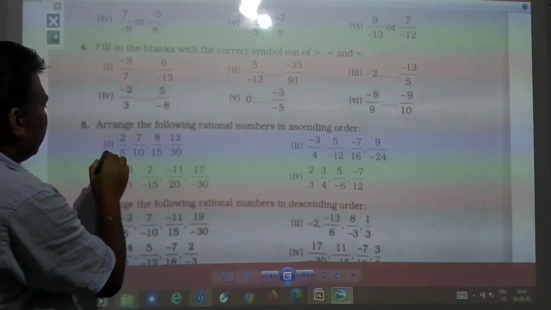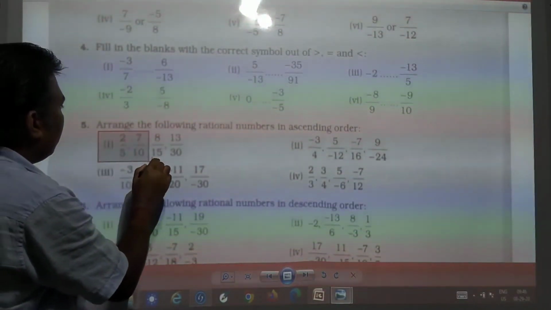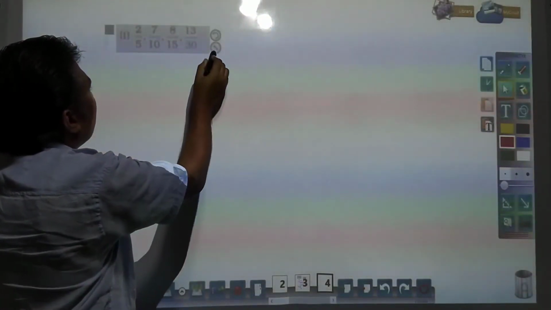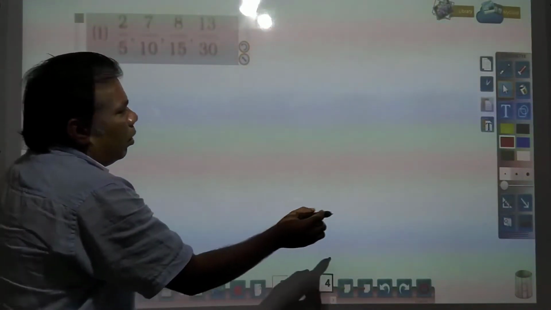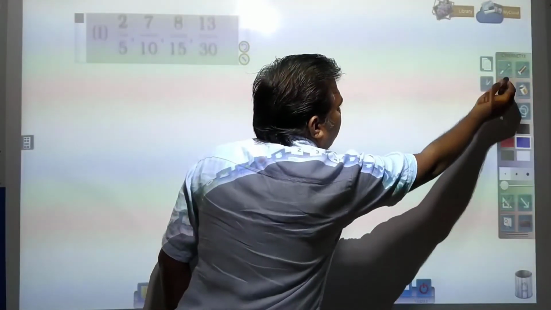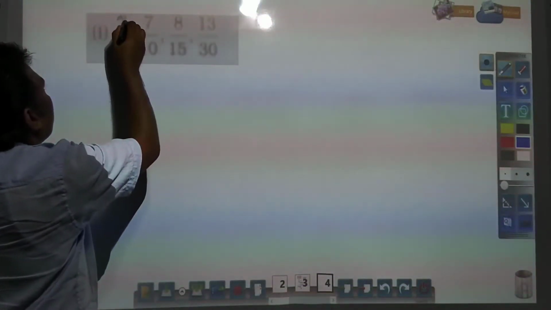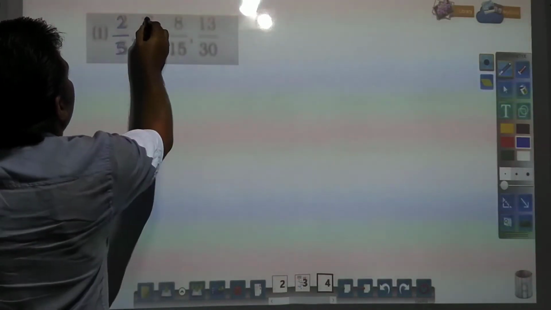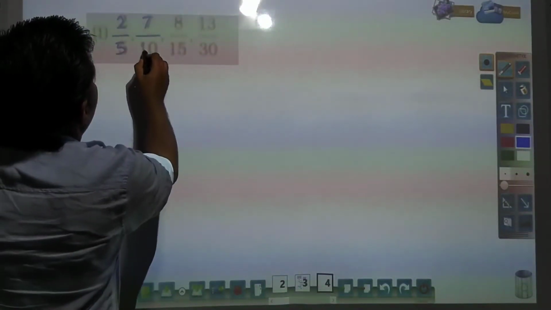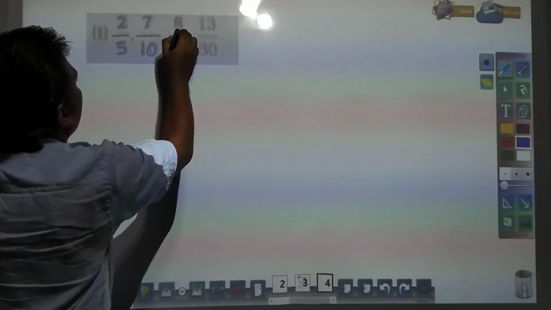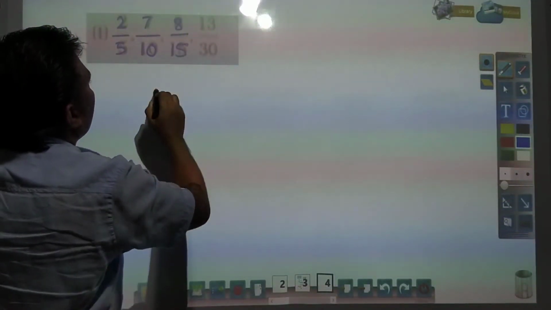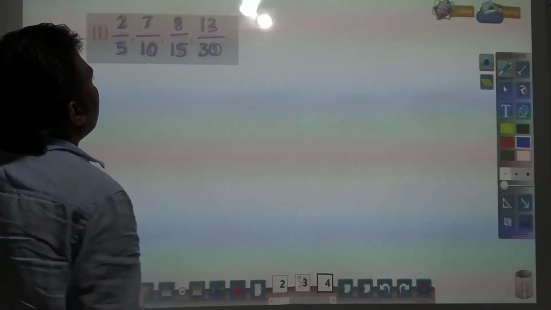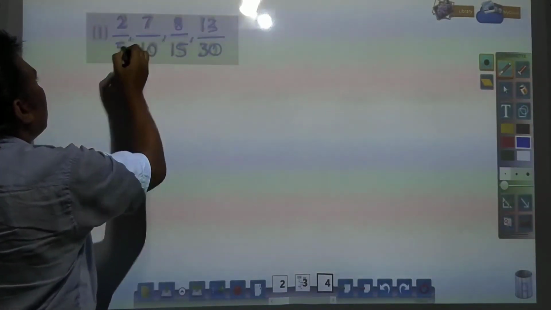One question you see, here you have 2 by 5, 7 by 10, 8 by 15 and 13 by 30. These are the rational numbers.